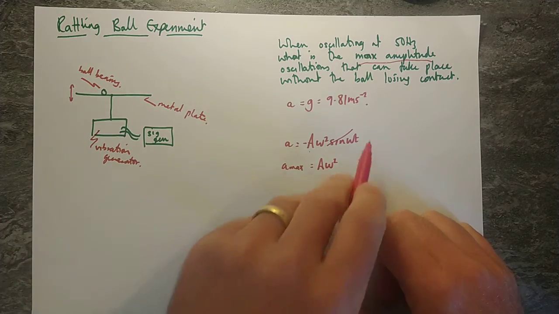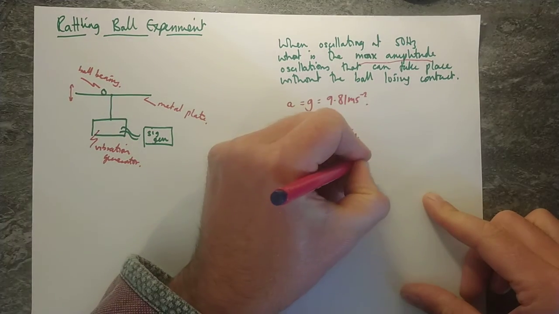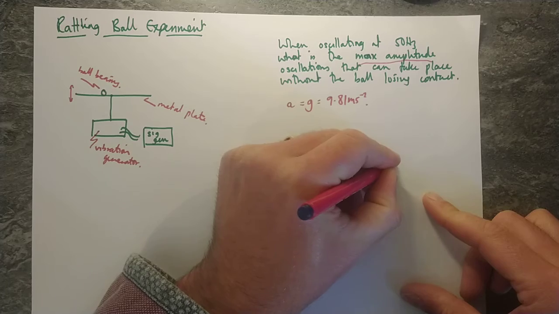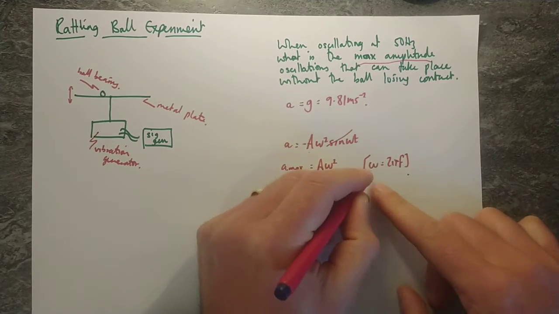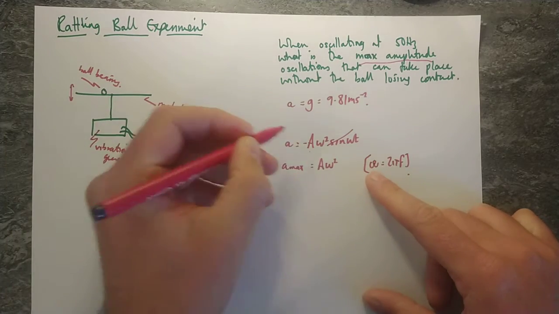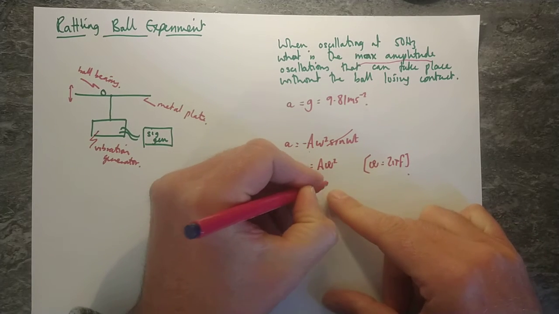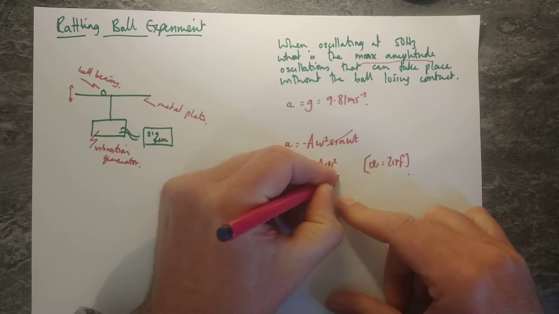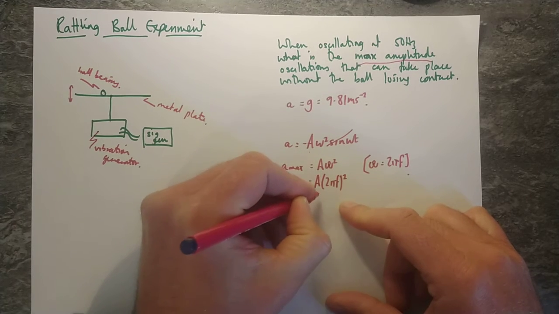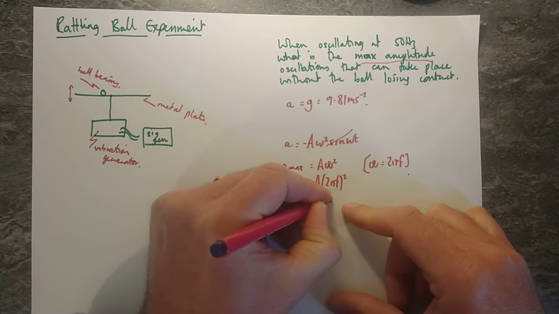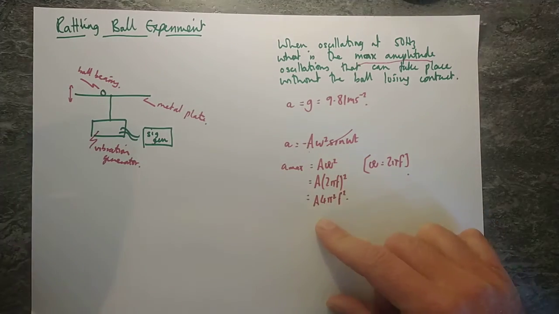We've got the frequency here, not omega, so I'm going to use omega equals 2 pi f. Please make sure it is an omega, not a w. They are different. So A times (2 pi f) squared is equal to A times 4 pi squared f squared.